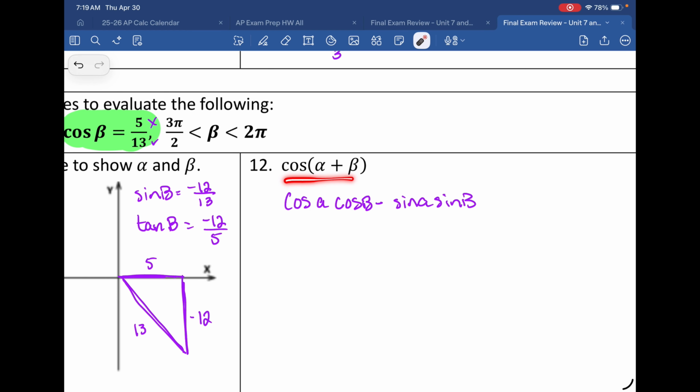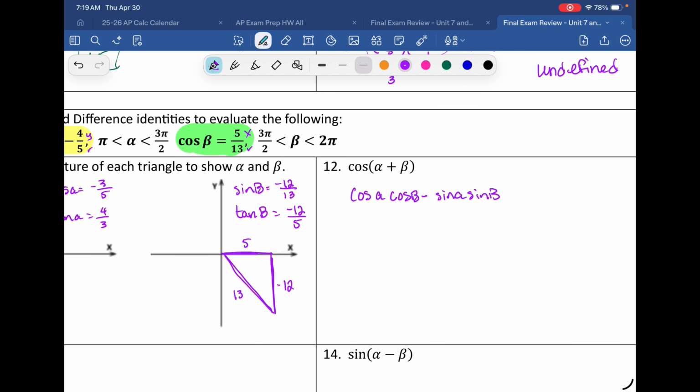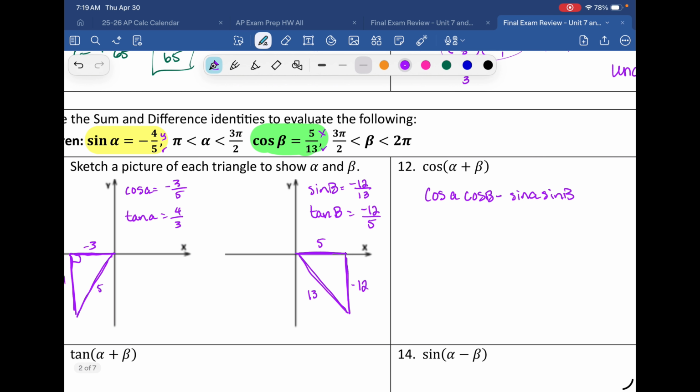All right, so we're using cosine of alpha plus beta. So there's the formula. Again, you'll be given that. You just got to plug in the right pieces. Cosine alpha, negative 3/5. Cosine beta is 5/13. Sine alpha, sine beta.